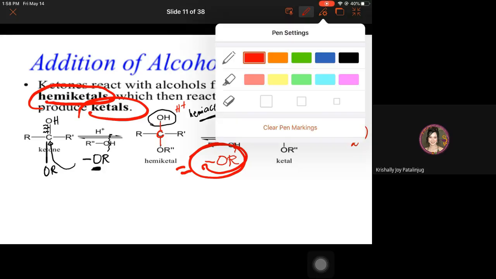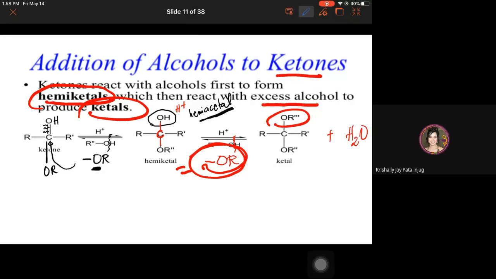So karon inyo nang ma-identify unsay difference between acetal and ketal. Parehas sila nga naay duha ka OR attached on the same carbon, but sa ketal wala nay terminal hydrogen.